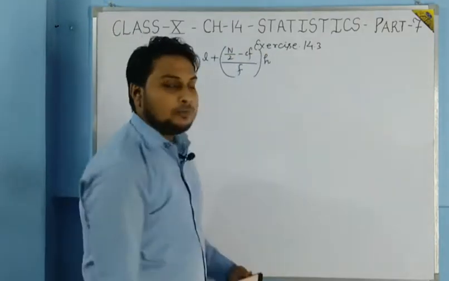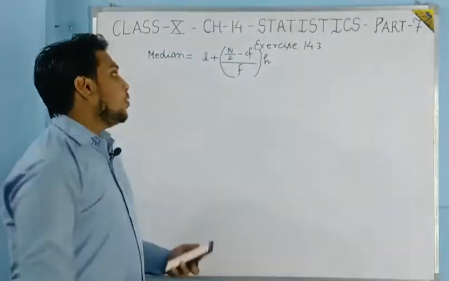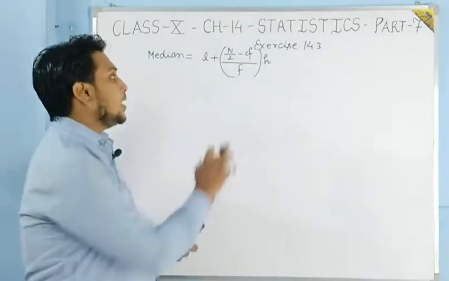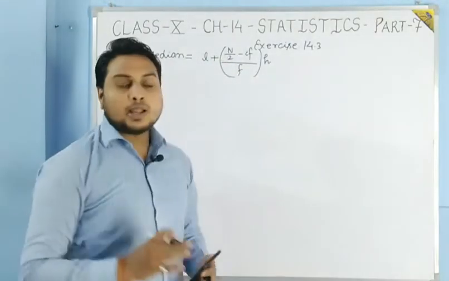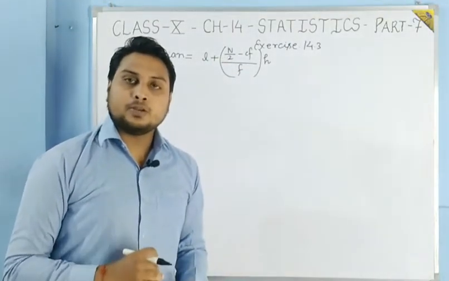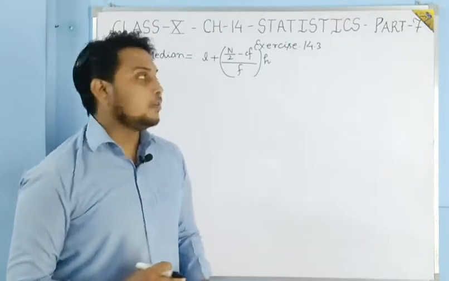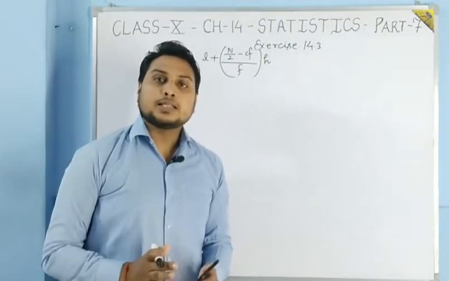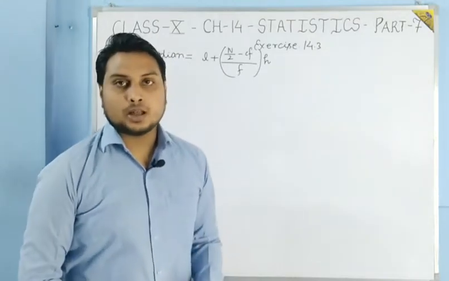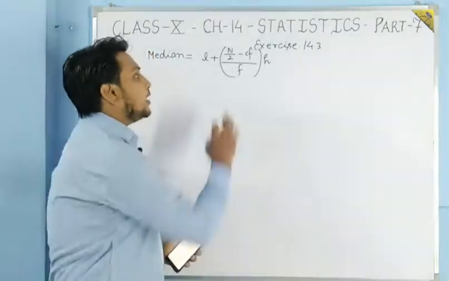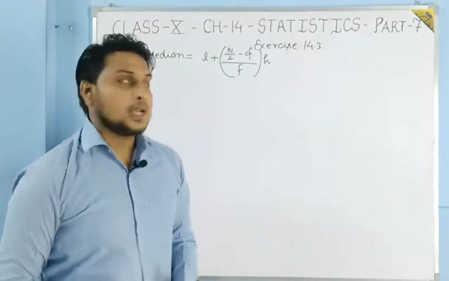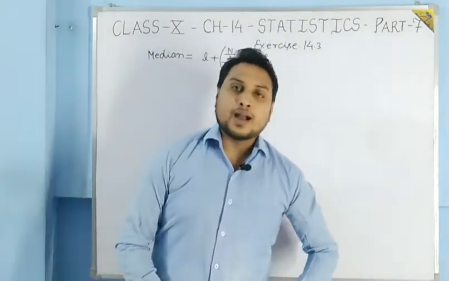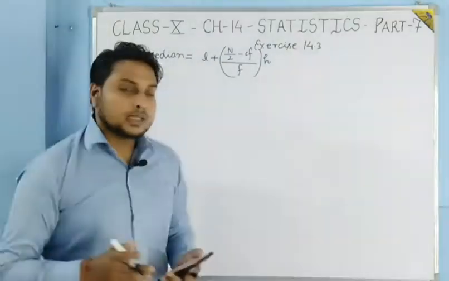This is the formula of median. Here L is the lower limit of the median class. N is the sum of frequency, and n by 2 means half of the sum of frequency. CF is the cumulative frequency of the class preceding the median class. F is the frequency of the median class. H is the class size. You will find the median with the help of this formula.